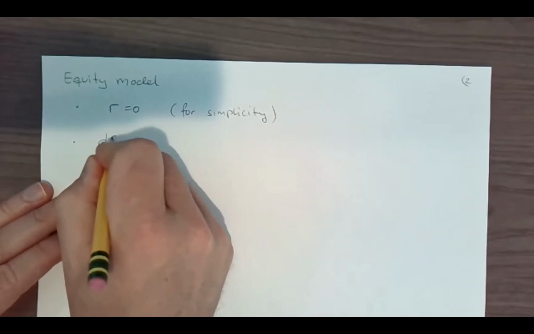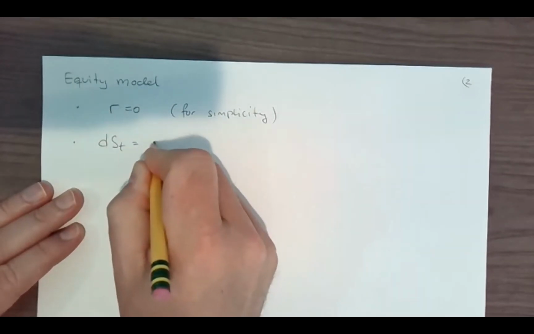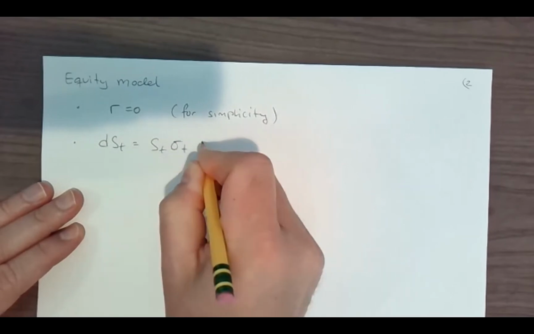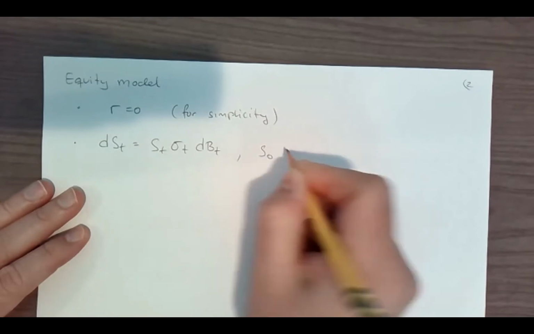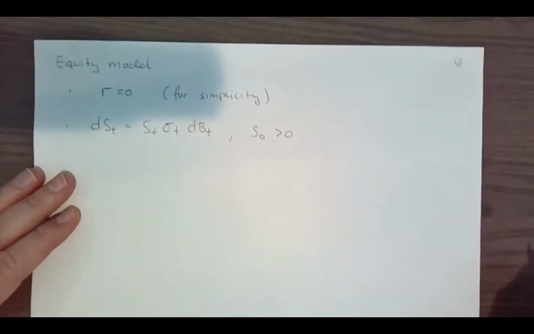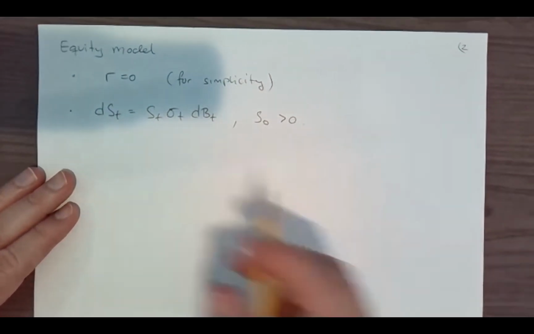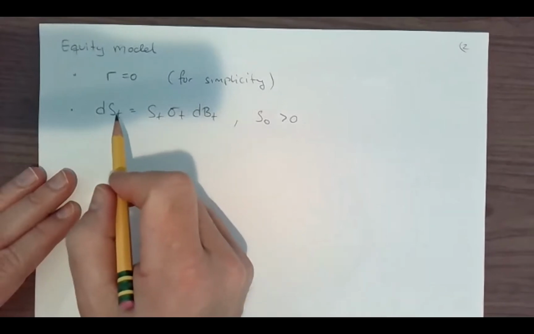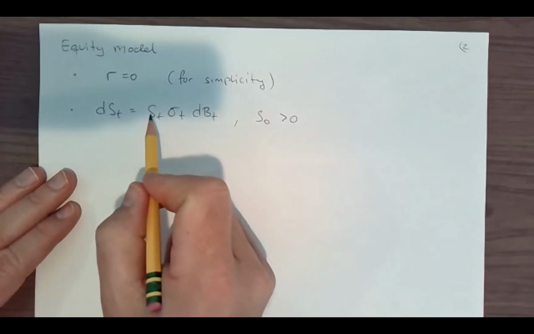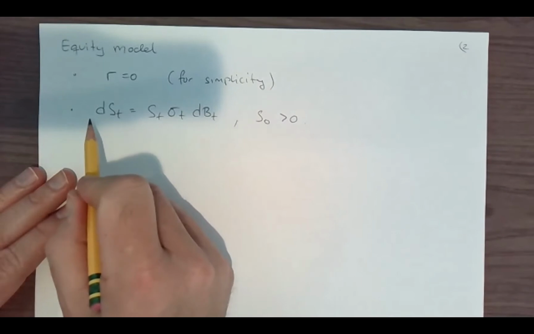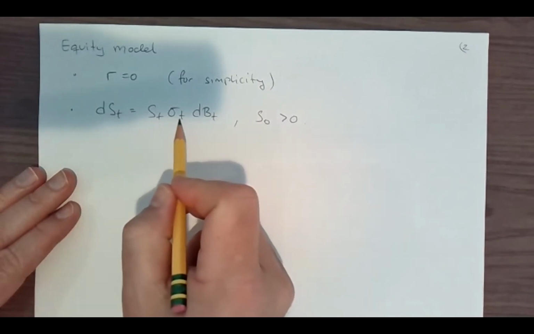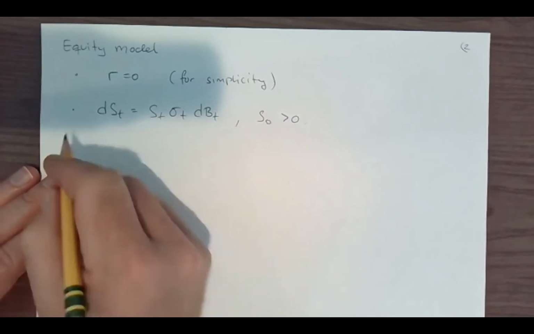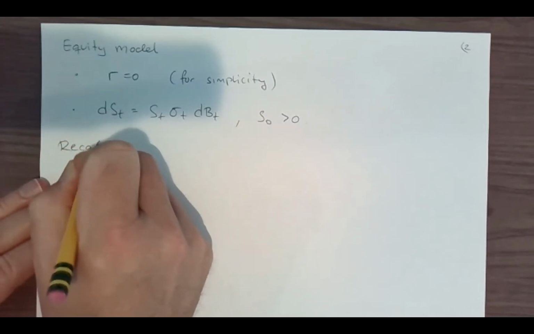So you have your dS_t of the form S_t sigma_t dB_t, and the initial value S_0 is something positive. Right, so recall this is an SDE, right? And S appears on the right-hand side. So it's an SDE because S is both here and S is over here, and it is this sigma. Right, so recall that you can use Ito's lemma.